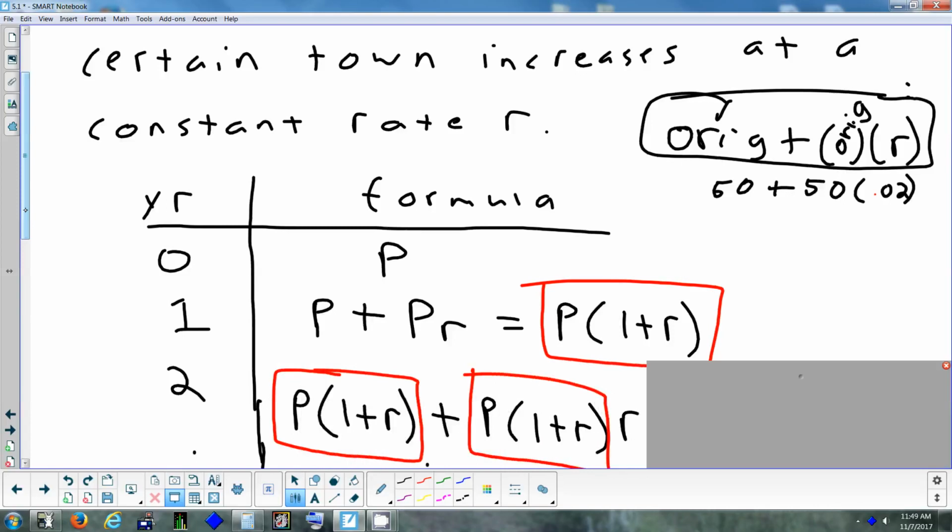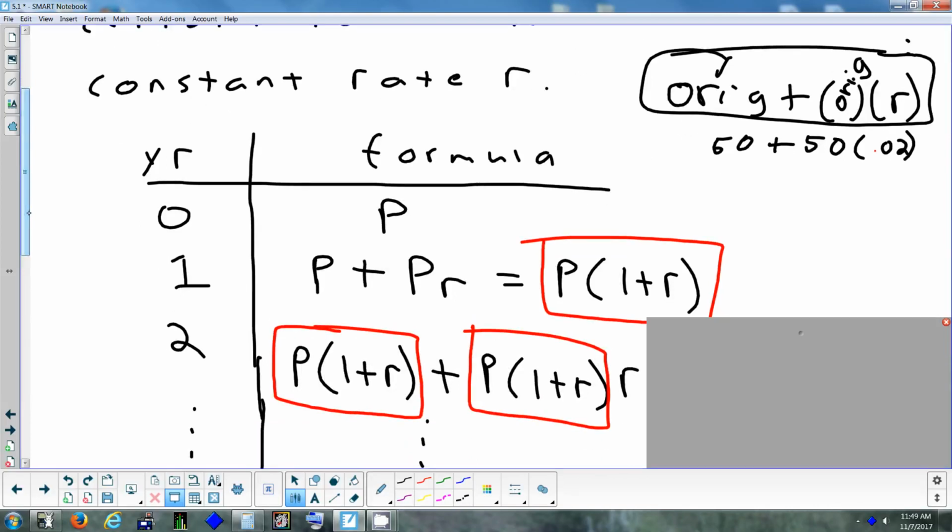Now, let's do the same thing. Let's factor that. What do both red boxes have in common? Not everything. There's something the second box has that the first one doesn't.